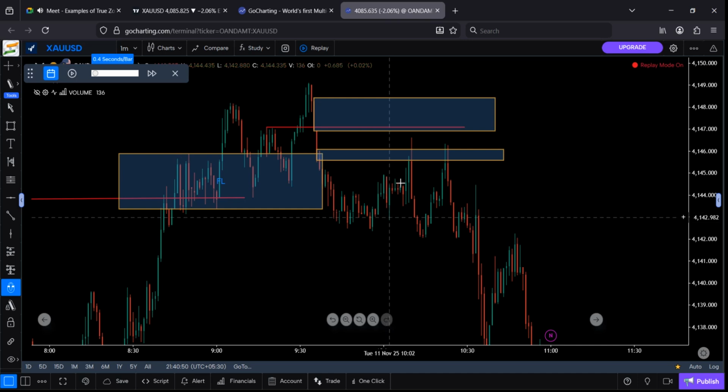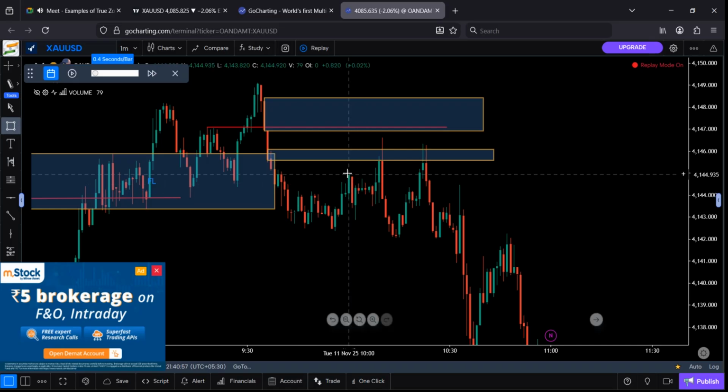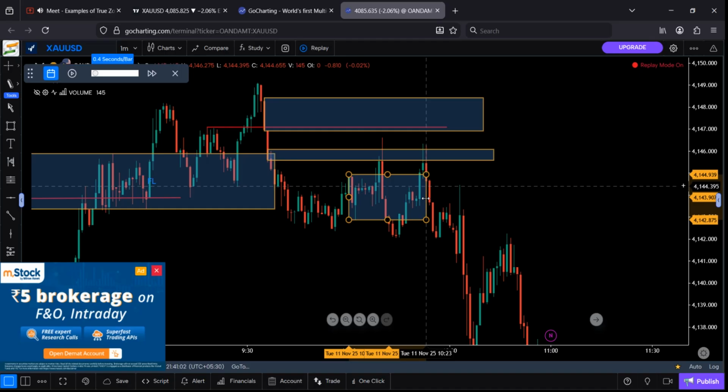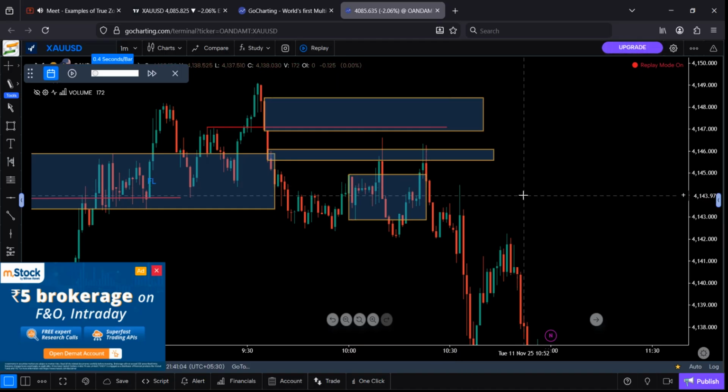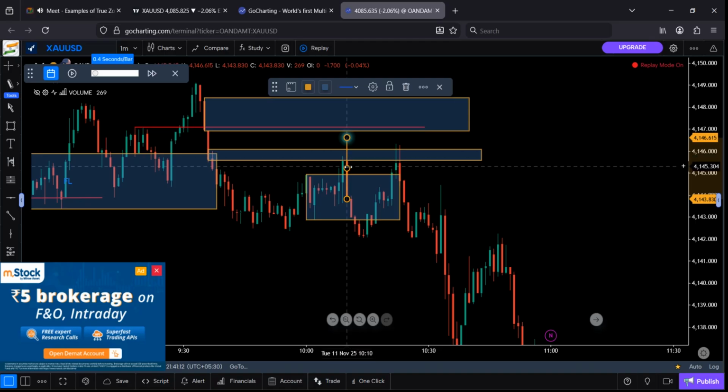High, low, higher high, lower low. So what happened here? We have a QM structure like this. And where is our DP? Our DP is here. We have single candle, so we will take this single candle.